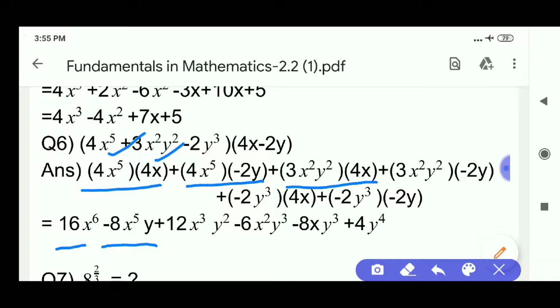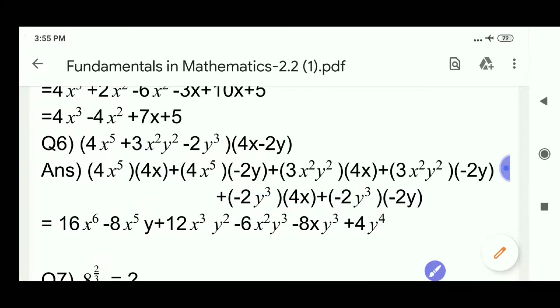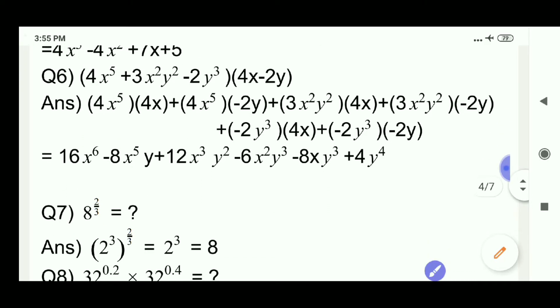Similarly, this multiplication results in 12x cube y square. The next one is minus 6x square y and the next one is minus 8x y cube and the next one is 4y power 4. Observe carefully. There are no like terms here. So it is its final answer.